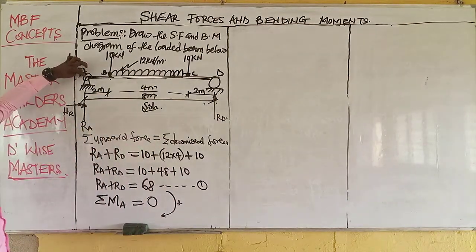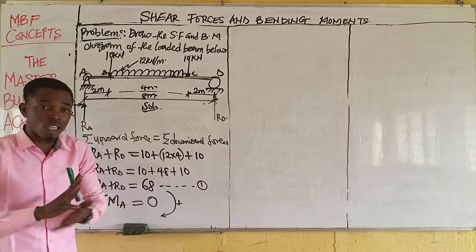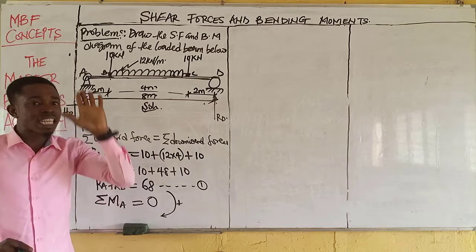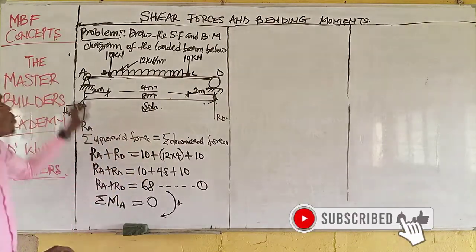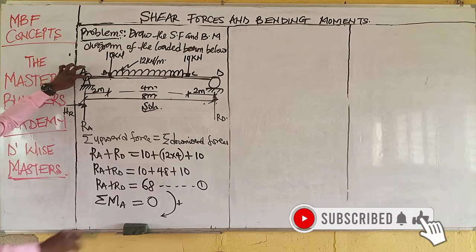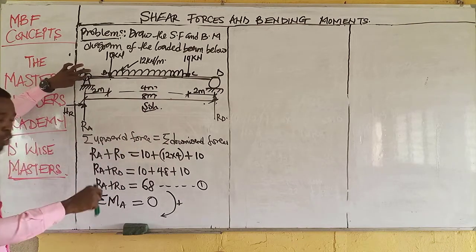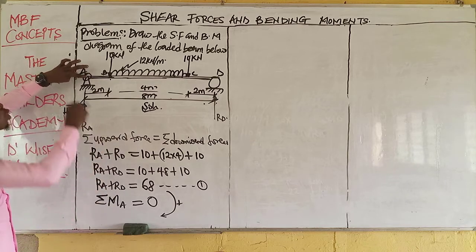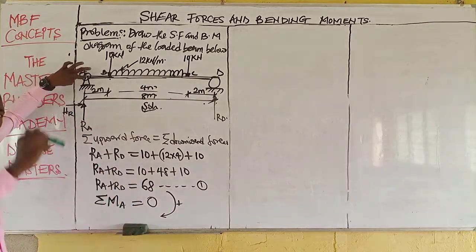Like I explained in the previous lesson, it is easy for you to get the clockwise moment and it is easy for you to get the anti-clockwise moment anytime you are taking moment at the left end of the system. If you are taking moment at A, just as we have now, all the loads will constitute what? Clockwise moment. When you take moment at the left end, all the loadings must constitute clockwise moment.